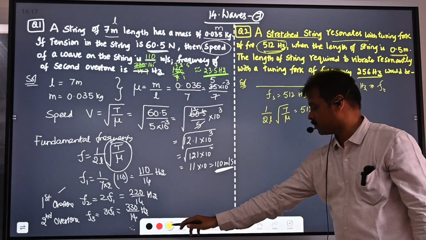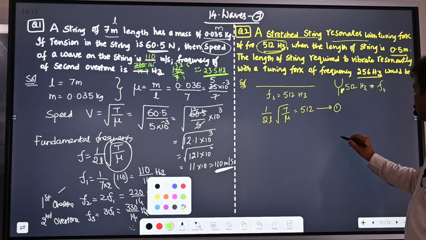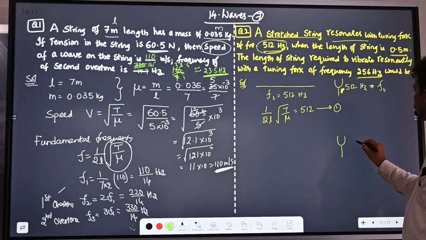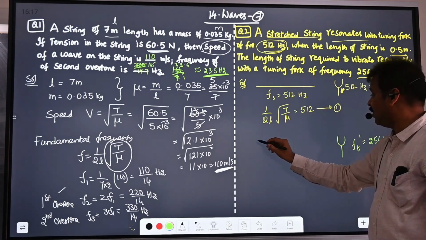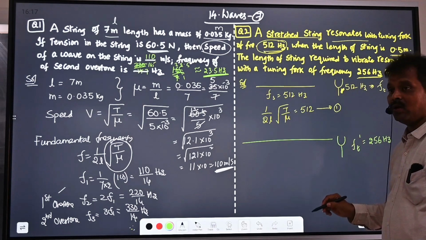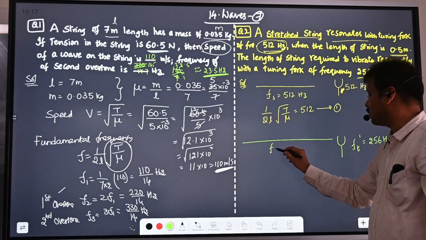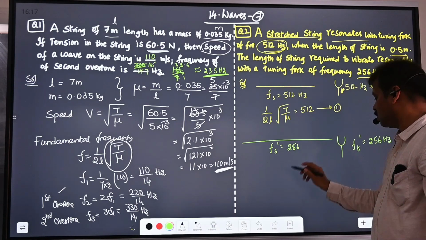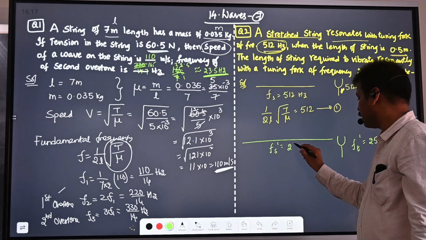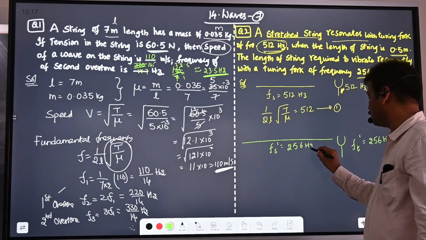Now I have taken one more tuning fork whose frequency is 256 Hz. Frequency reduced. Now I have to take one more wire whose frequency must be 256 Hz.